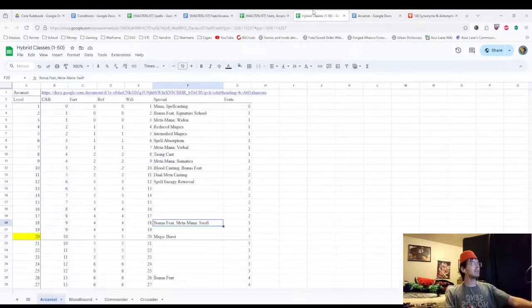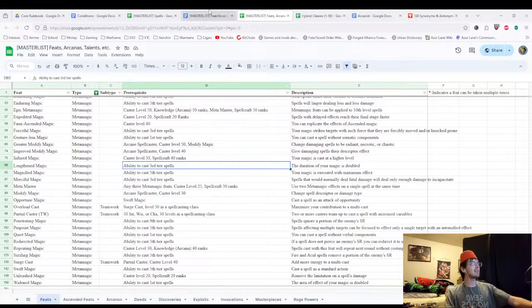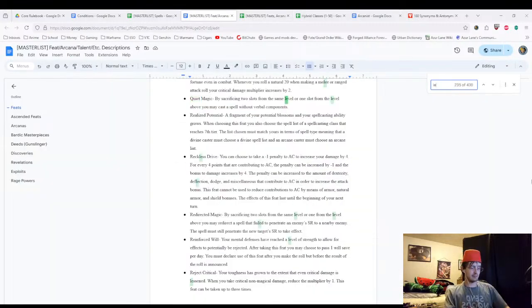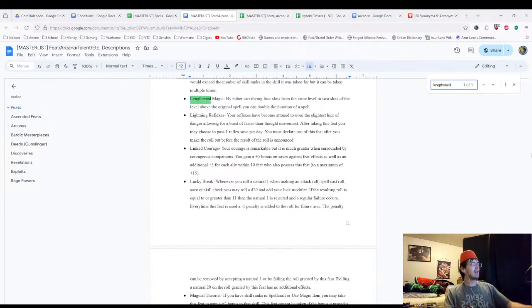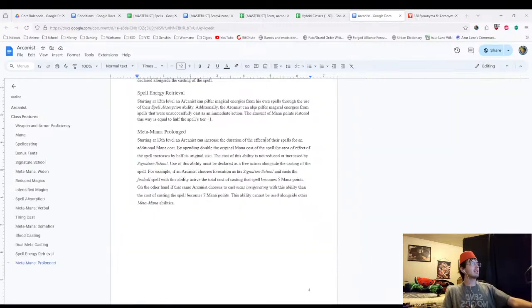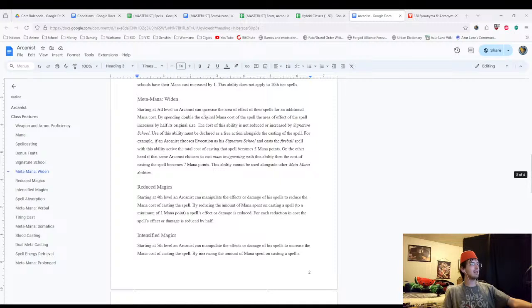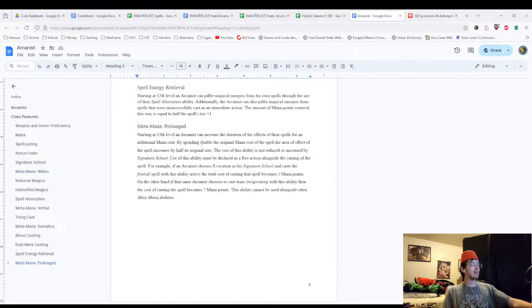And this is where we need to look at the thing here. So this is lengthened. 4? Let's see, because meta mana widen costs double. You know what? That's fine. And it can increase the duration of their spells for an additional mana cost.